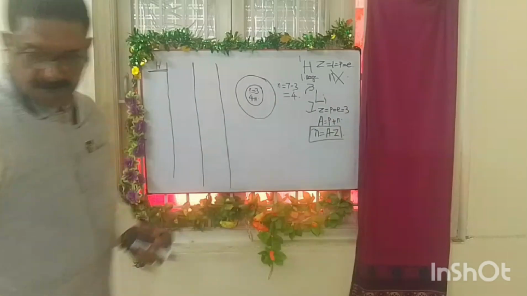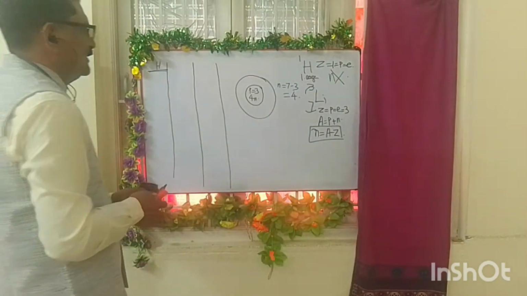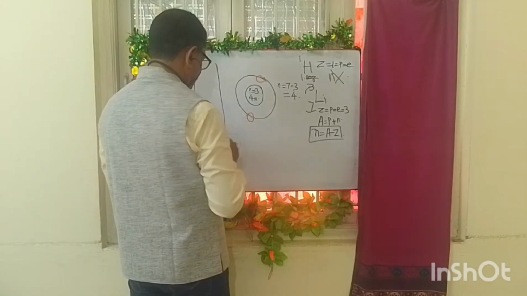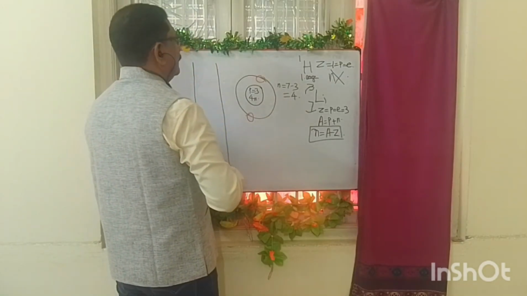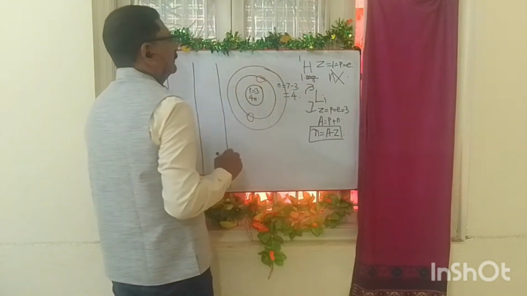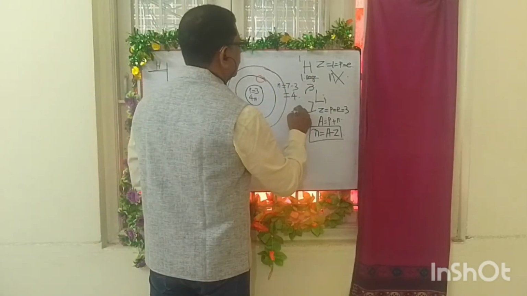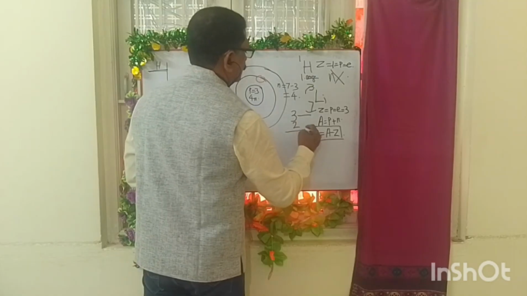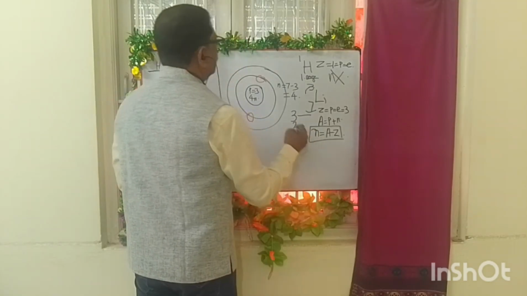First, in the first orbit you can put only 2 electrons. In the second orbit, how many electrons are there? Only 3 in total. Already we have put 2. Then balance is 1.